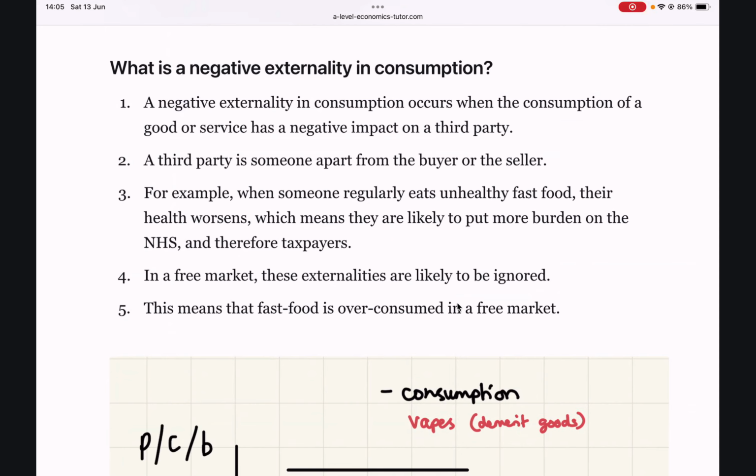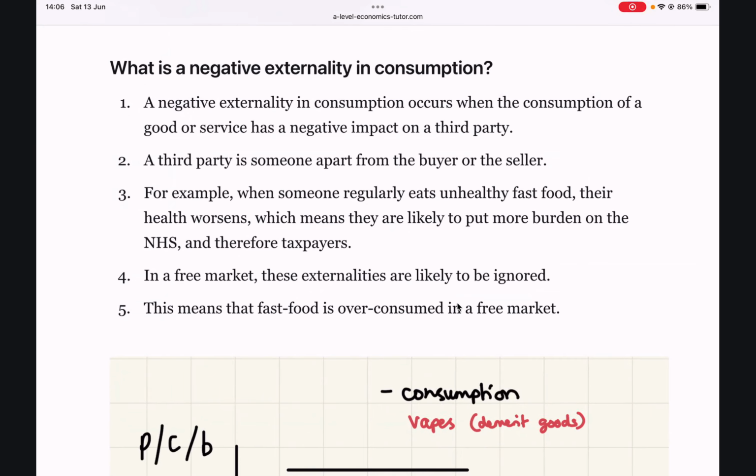Negative externalities in consumption occur when the consumption of a good or service has a negative spillover impact on a third party, the third party being someone apart from the buyer or the seller. The more regularly people eat unhealthy fast food, their health worsens, more chance of obesity, more burden on the NHS, more burden on the taxpayer.